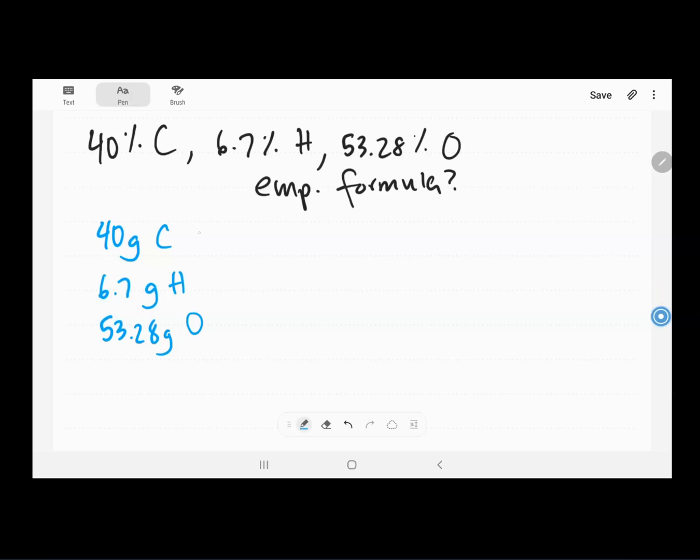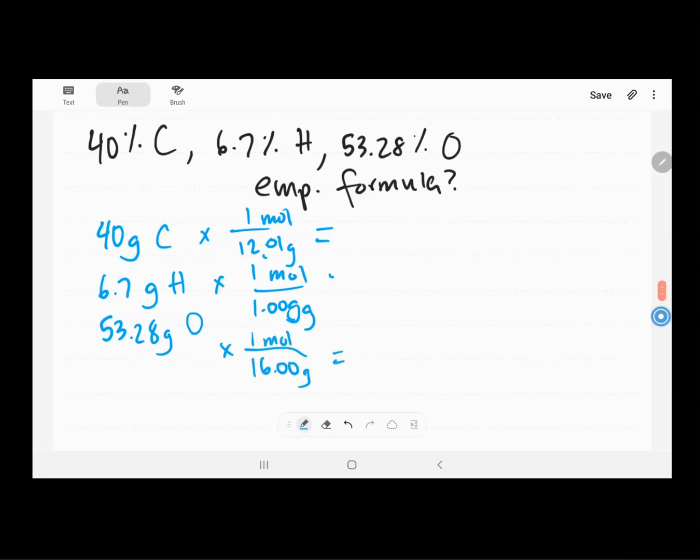So, we're going to multiply this guy by 1 mole, or 12.01 grams. If someone wouldn't mind telling me what they got for their moles while I write this stuff out, please. 16 grams. Okay, 3.33. Okay.